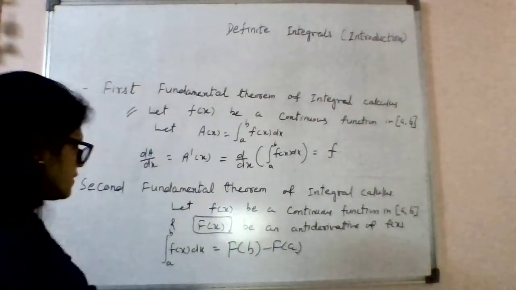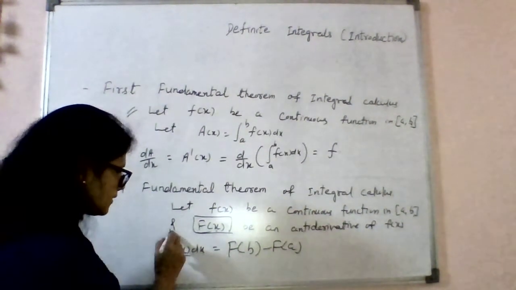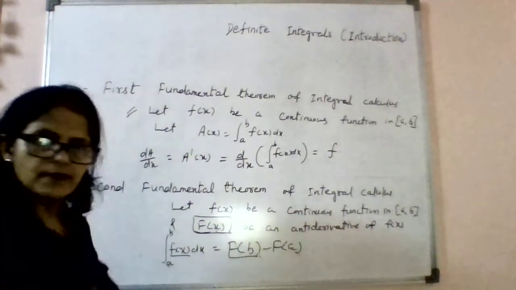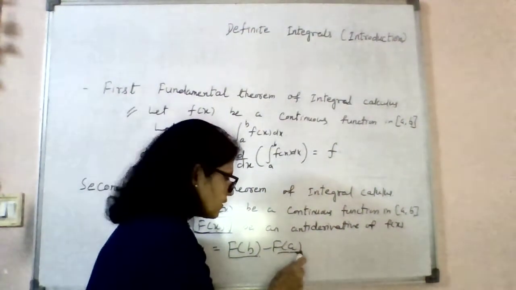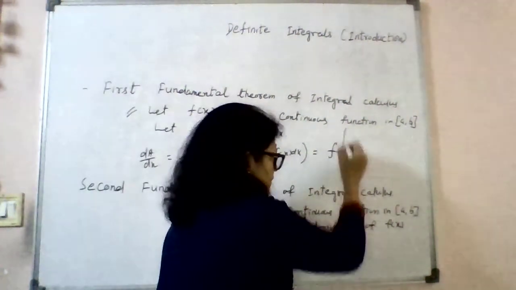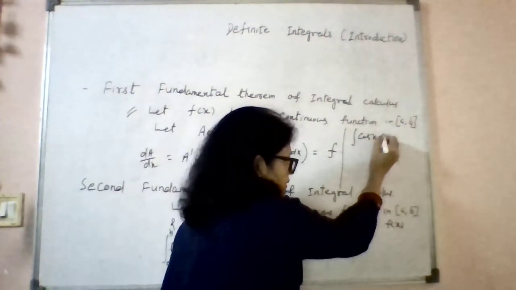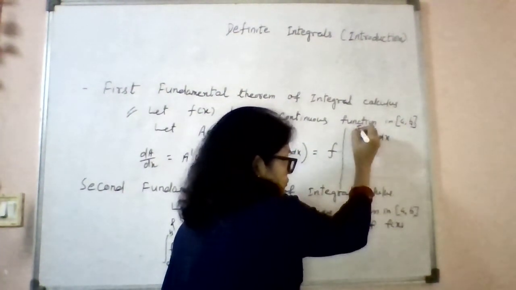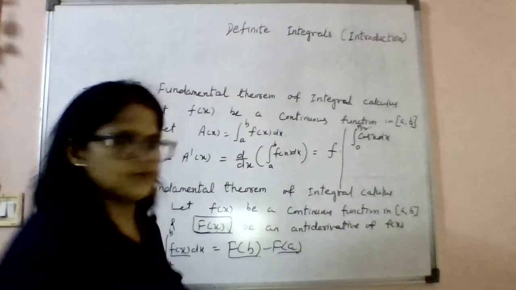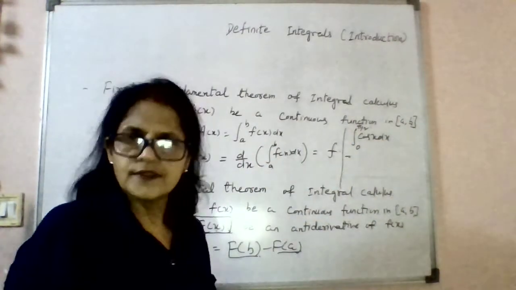Whenever you take a definite integral, you take the value of the antiderivative at the upper limit minus its value at the lower limit. For example, suppose you have the integral of cos x dx from 0 to pi by 2, with upper limit pi by 2 and lower limit 0. As we know, the integral of cos x is sin x.